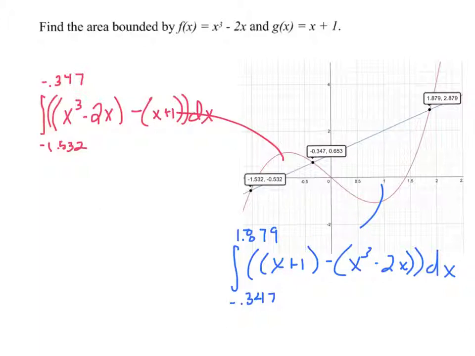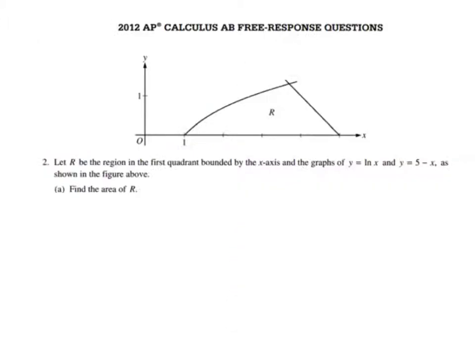So just have to be careful if there's a change in which function is on top and which one is on the bottom. Finally, I wanted to look at this. This is a free response question from 2 years ago. One thing that they didn't put, well, let's read it, and then I'll include this point. Let R be the region in the first quadrant bounded by the x-axis and the graphs of y equals natural log of x and y equals 5 minus x as shown in the figure above.